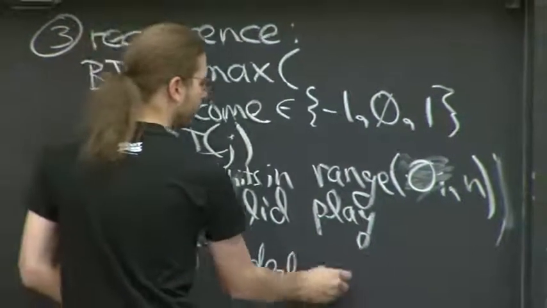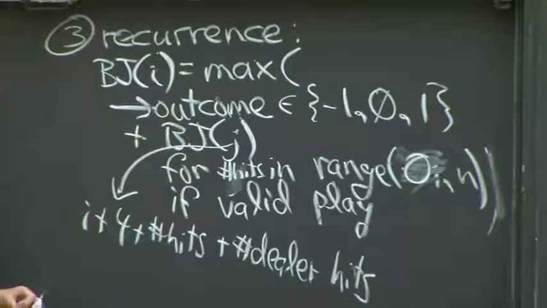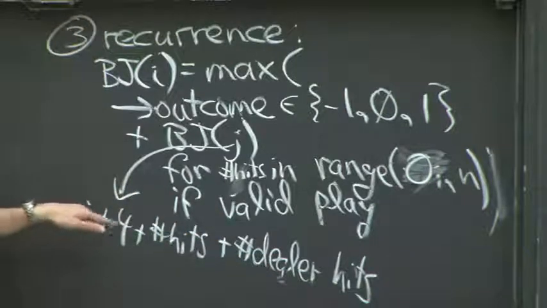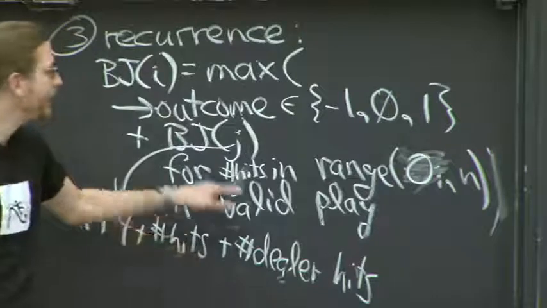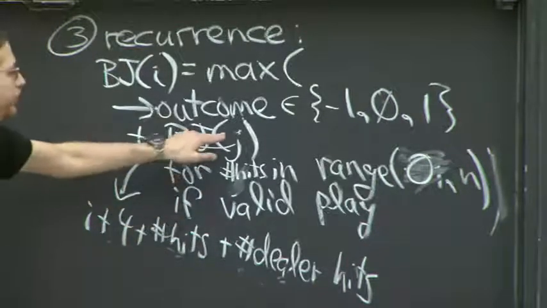Okay, so you have to run this algorithm to compute what happened, which computes how many times the dealer took a card. That's how many cards got consumed. And so if you do i plus 4 plus that, that's how many cards are left, or where the cards resume. And then you call BG on that.